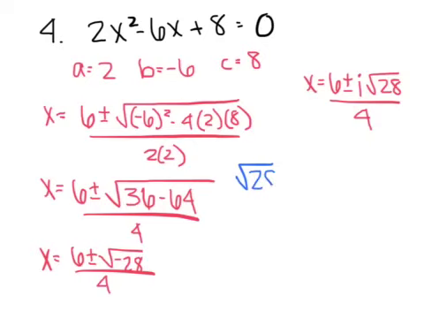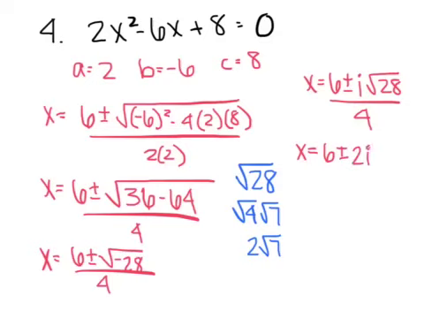The square root of 28 has a perfect square. It's what? 7 and 4. The square root of 4, the square root of 7. This becomes 2 root 7. Anytime you can simplify a radical, you should. So now we have x equals 6 plus or minus 2i root 7 over 4.